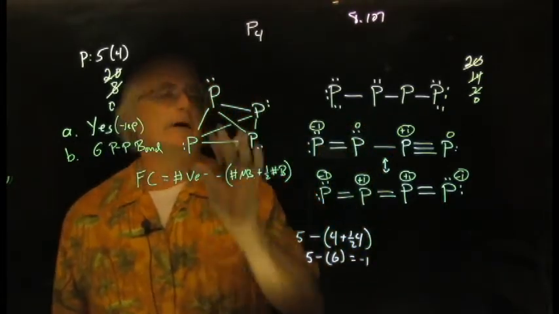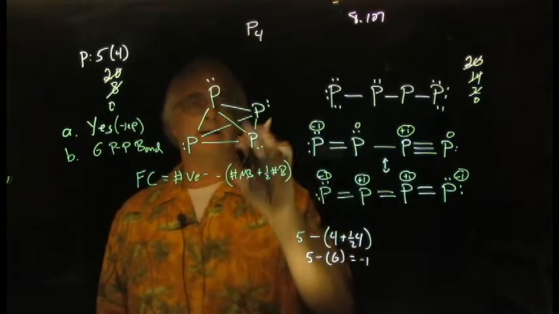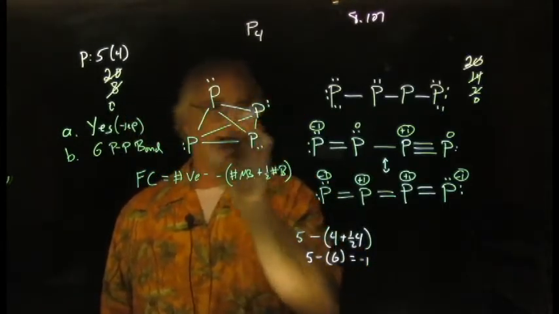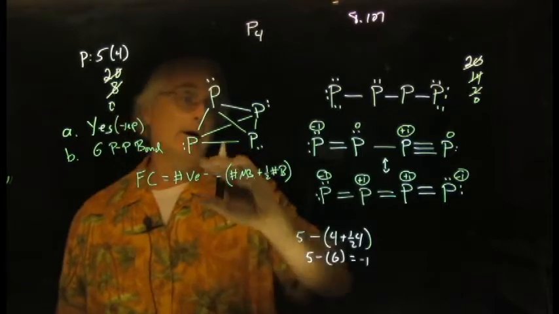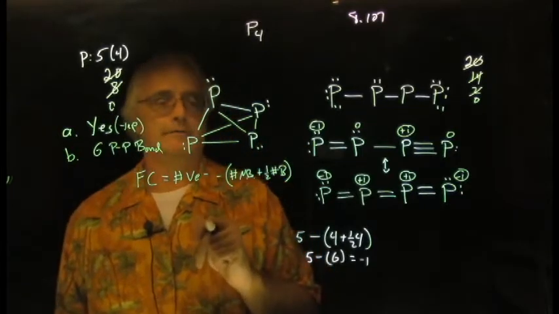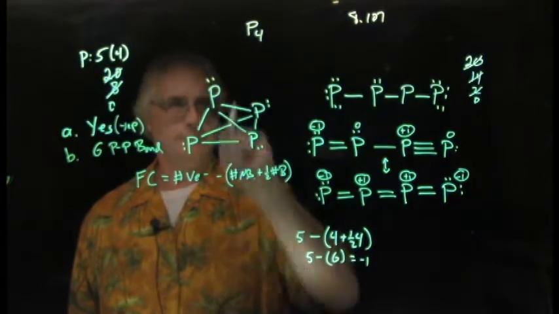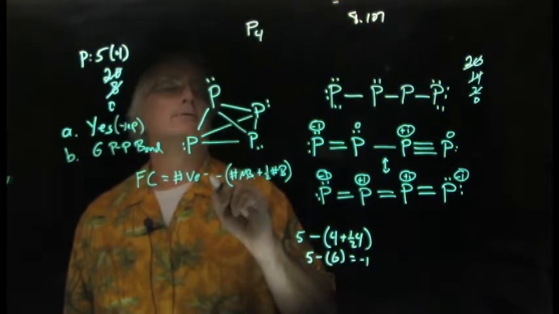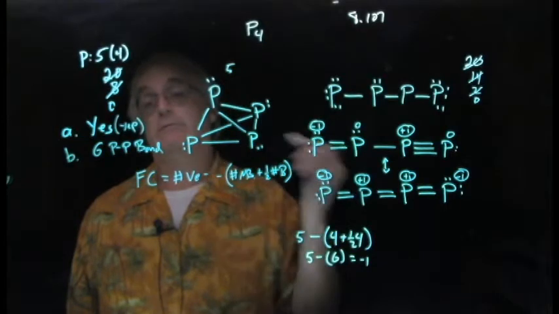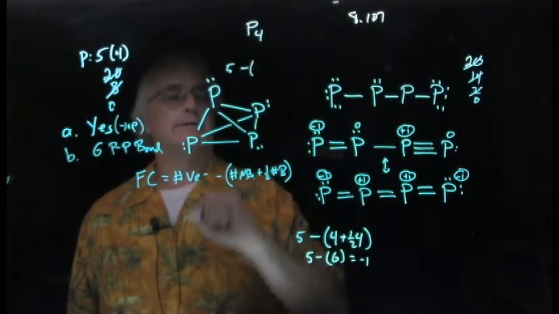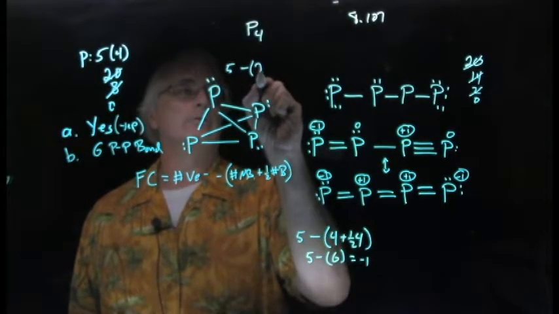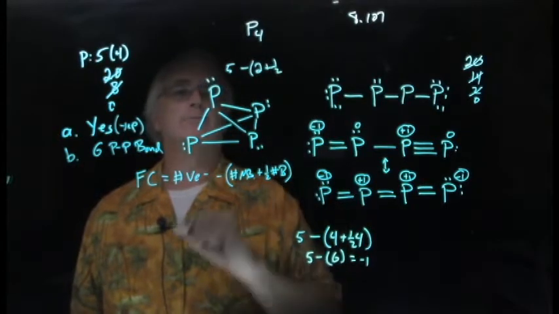Now I'm going to come over here, and I will write this one out in detail. Again, these 4 phosphorus are all identical to each other, so what I do for one, I've done for all of them. So for any one of these phosphorus, I'll use this one because there's some room around it. The formal charge is the number of valence electrons, 5, minus the number of non-bonded electrons, 2, plus half the number of bonded electrons.